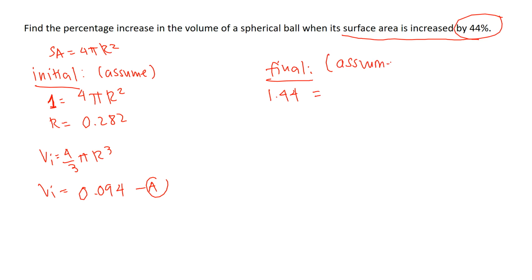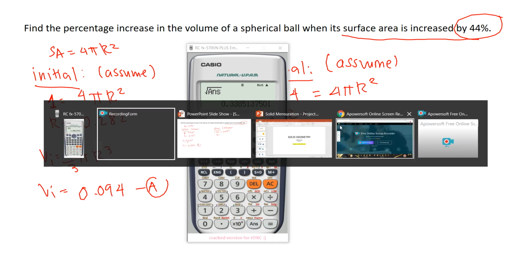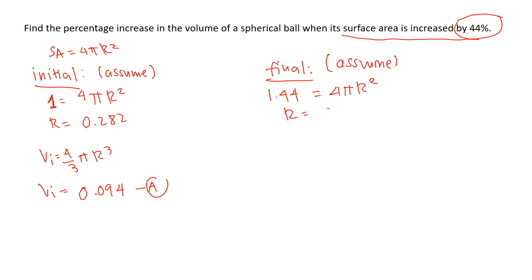That's what I do with these types of problems, percentage increase. So 4 pi r squared. What is my r now? 1.44 divided by 4 pi, take the square root of that: 0.339. So what is my final volume, 4/3 pi r cubed, right? With this radius, what is my final volume?